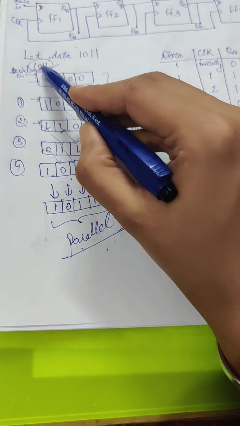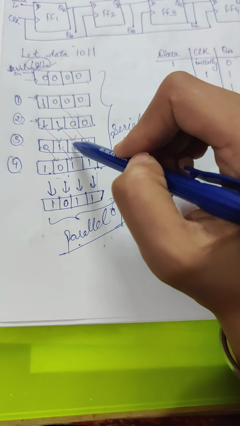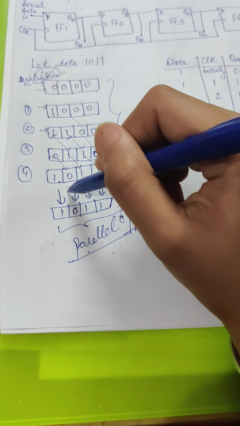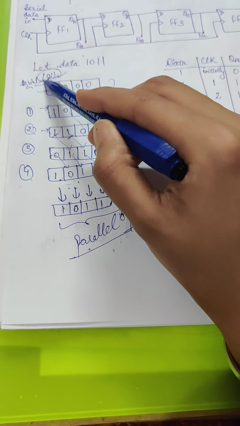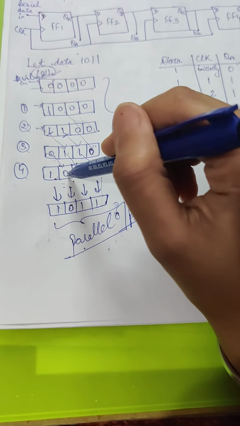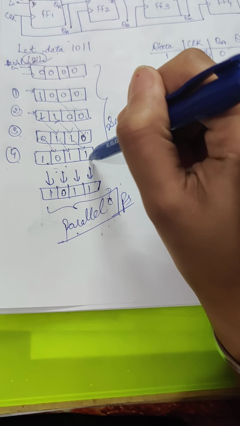Third bit 0 एंटर कराएंगे, 1 आगे शिफ्ट होगा, 1 is shifted to next, and so on. And at the fourth bit, our MSB, that is 1, is entered into the first bit. The 0 is shifted to second, 1 is shifted to third, and 1 is shifted to fourth bit.